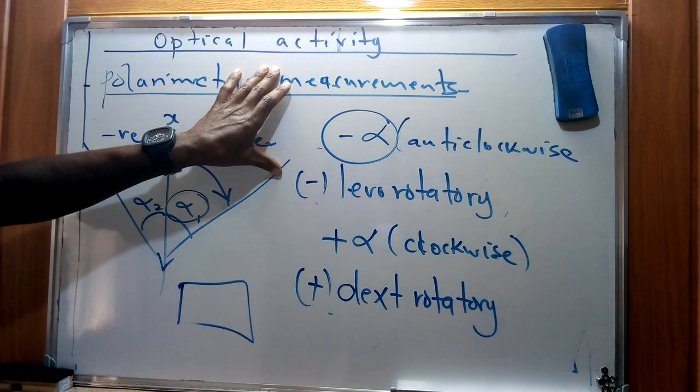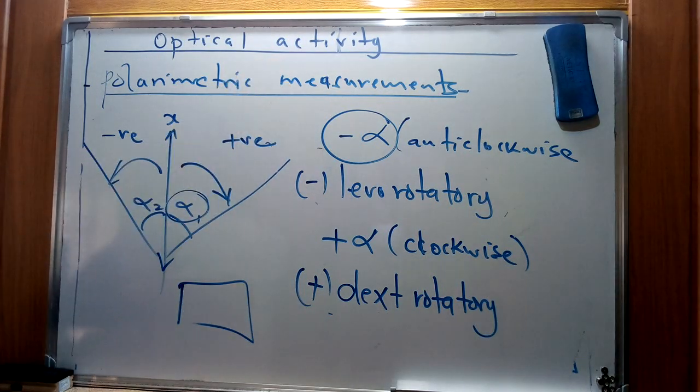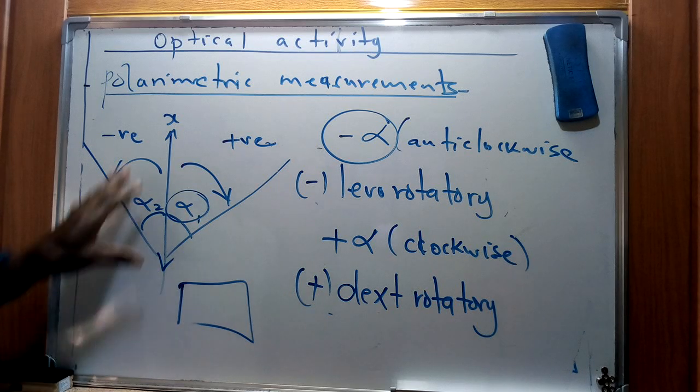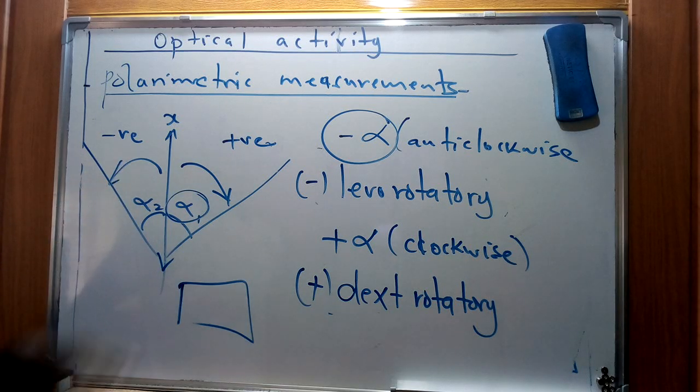Now, this topic that we have discussed is going to help us quantify and find the rotation, and as I've said, that is going to assist us as one of the complementary ways of finding concentration, apart from other methods that we have already done in some of our videos.